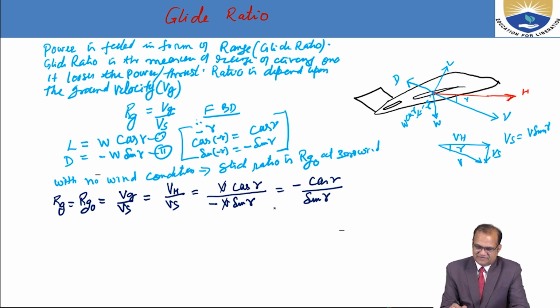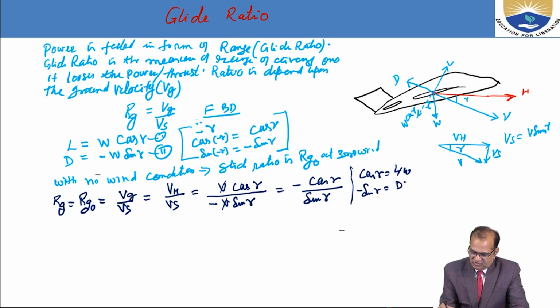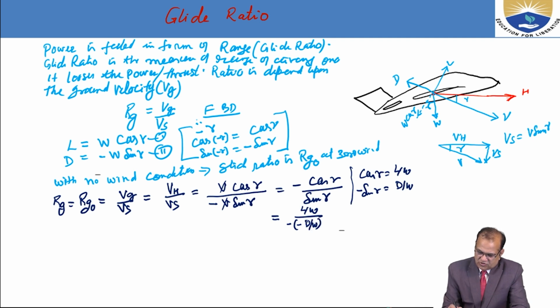And we know that cos gamma is equal to L by W, and minus sine gamma is equal to D by W. If you put these values, cos gamma is L by W, minus sine gamma is D by W. So W is cancelled, and you will get L by D. So this very important result came.